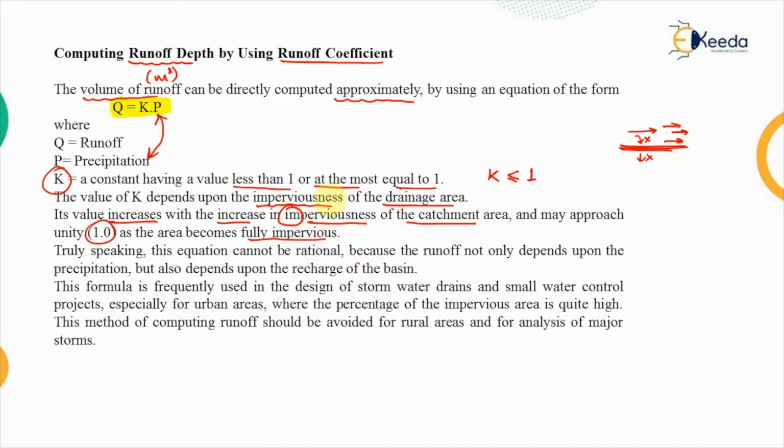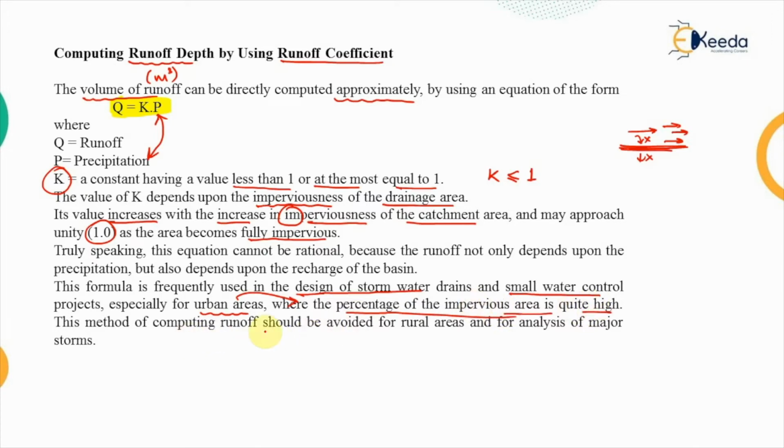So that's why this is used for minor purposes, such as the design of storm water drains, or for small water control projects, especially where urban areas are located, because in urban areas the percentage of impervious area is quite high because of the concreted area.